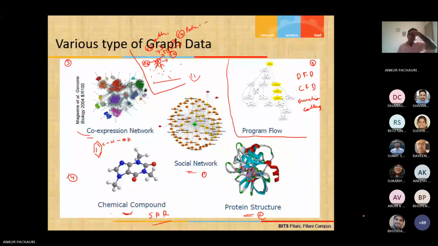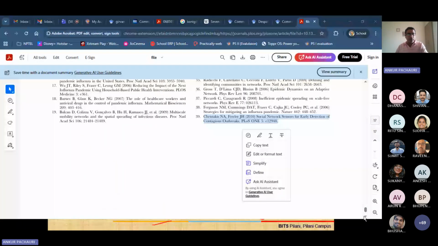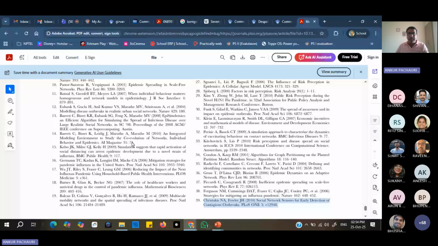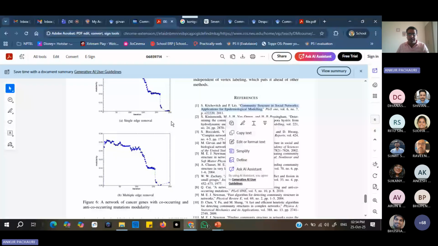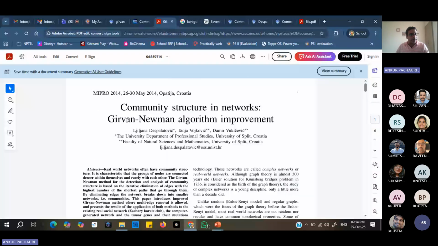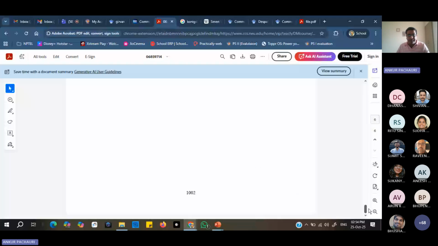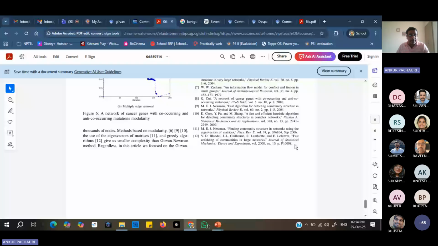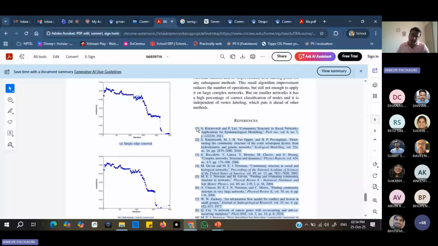Now, from that bunch of papers, if you see, all of them may not be of the domain in which he is working. He is working on community structures, using some algorithm for detecting the community structure. But all the papers that he referred to might not be talking about community structures.